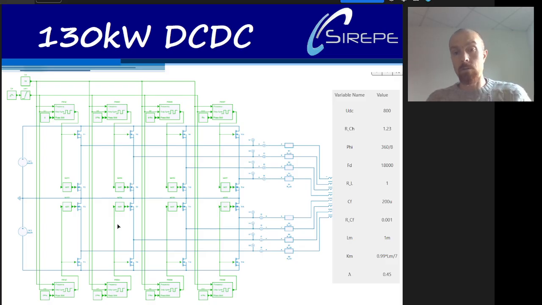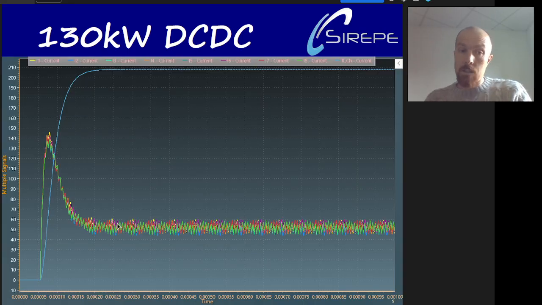We have no more inductance, but we have the coupling coefficient of the transformer, which is 99%. Here is the waveform. We can see that the 8 leg currents are approximately equal.